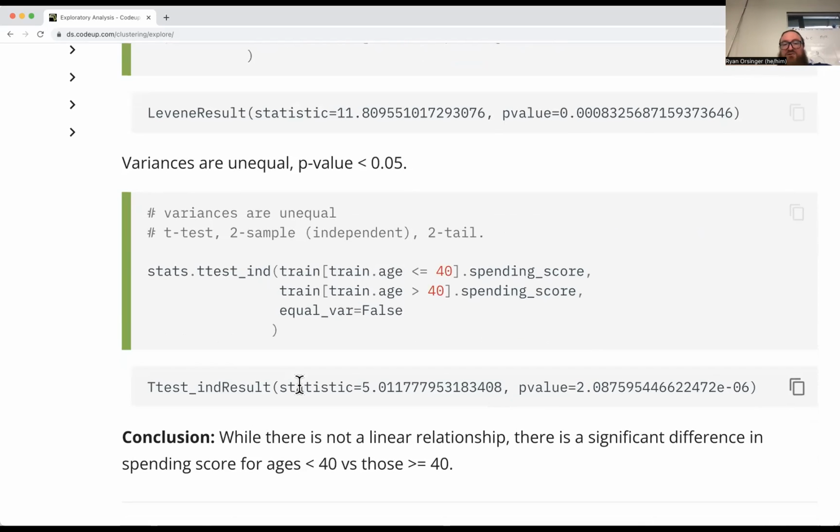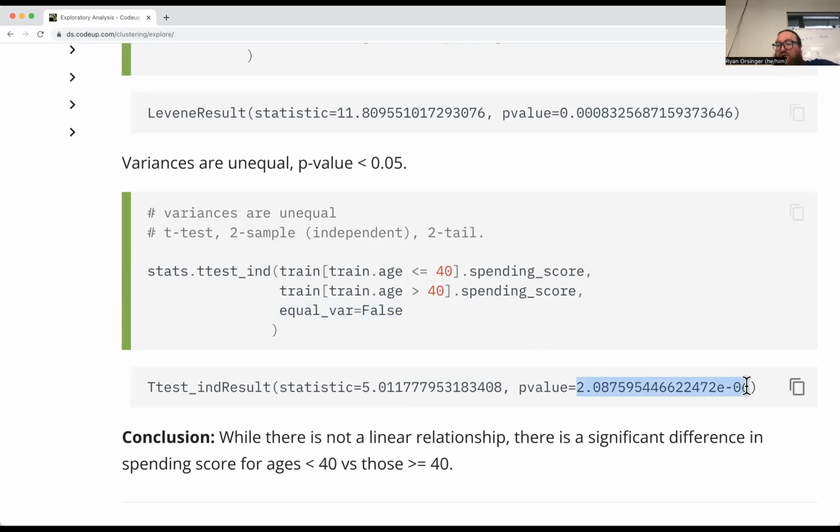What does this then allow us to do or force us to do? It means in the t-test for independence, we're going to say the equal variance is false. Really what's going on underneath the hood is when we have dissimilar variances, the test is going to be more strict. To get a lower p-value means it's got to jump through more hoops.